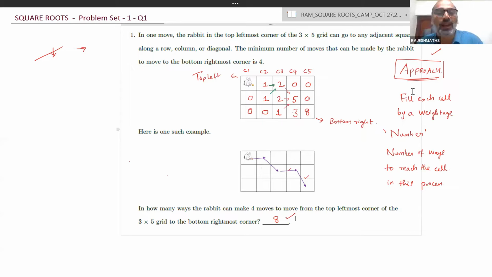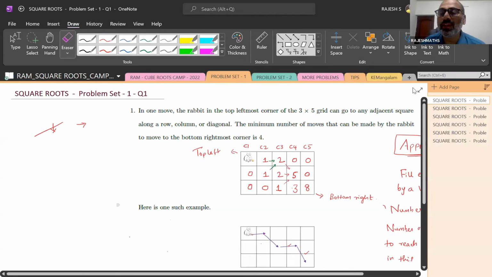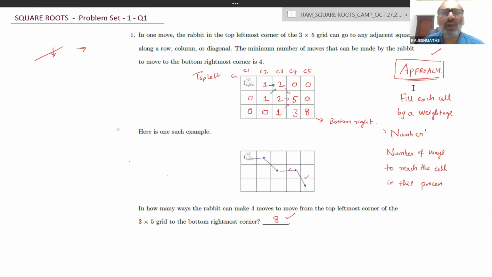The most important part is that I am going to put a weightage for every cell, right? Please listen carefully. What is that weightage? I'm going to put a number here that tells me the rabbit can move to this position in only one way.